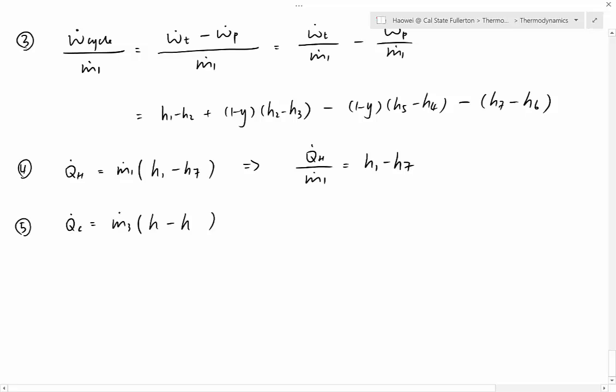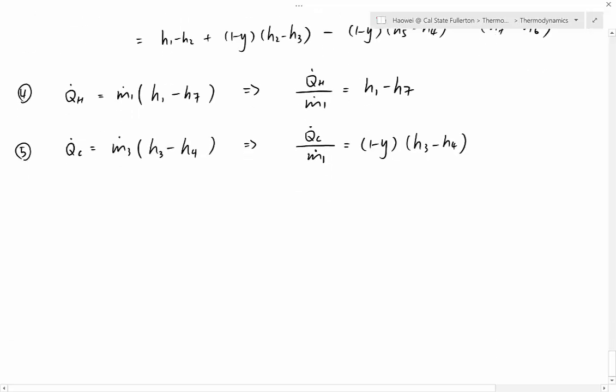That's where you lose heat. So you must have more energy in the beginning, and the beginning is number 3. So H3 minus H4. And from here, we can find Q dot C again over m dot 1. And again, what is m dot 3 over m dot 1? It's 1 minus y times H3 minus H4. That's the heat loss.